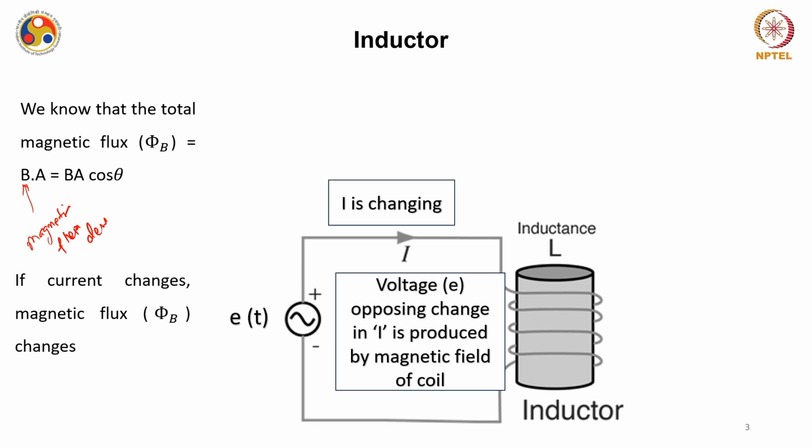So if there is any change in the current flowing through this conductor, be it an increase in the current flow or a decrease in the current flow, there will be a corresponding change in the total flux linkage. Okay. Now let us recall the Faraday law of induction. Okay.